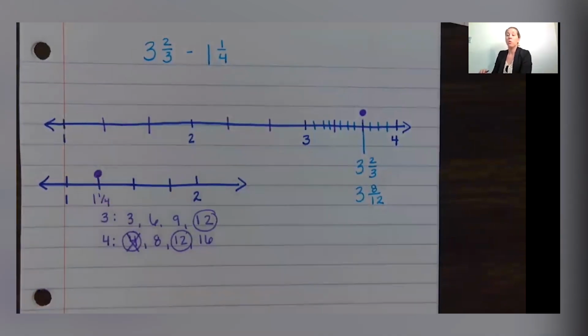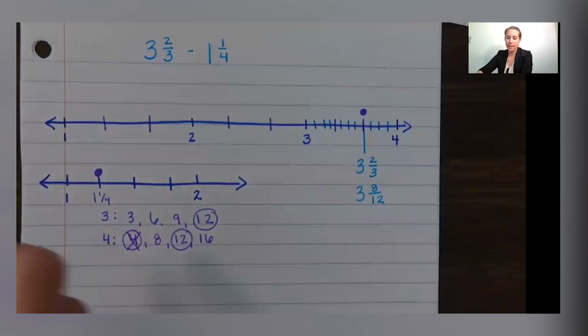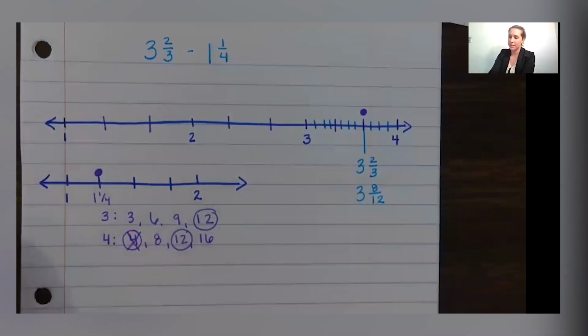Now remember, we said our common denominator was going to be 12. So we have to ask ourselves the question again. What can I do this time to make them 12ths? So 12 divided by 4 is, yes, 3. So each fourth needs to be cut how many times? 3.